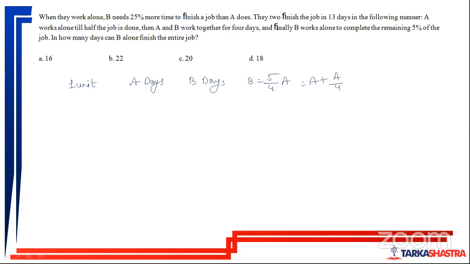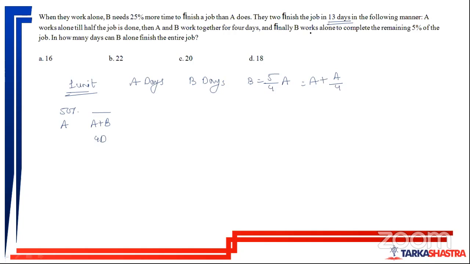They two finish the job in 13 days. The complete work of 1 unit was completed in 13 days in the following manner. A alone works till half of the job is done. So 50% is completed by A alone. A and B work together for 4 days. I don't know what amount of job was done in those 4 days.